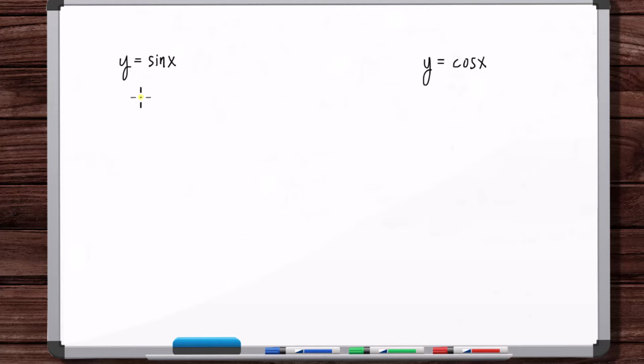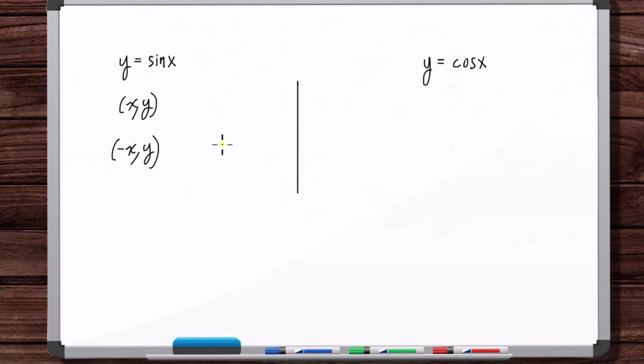So for example, let's flip sine x about the y axis. What this means is that we want to take the graph y is equal to sine x. It has points x, y on the graph. And what we want to do is flip about the y-axis. We want to multiply every x coordinate by -1 and not change the y coordinates.